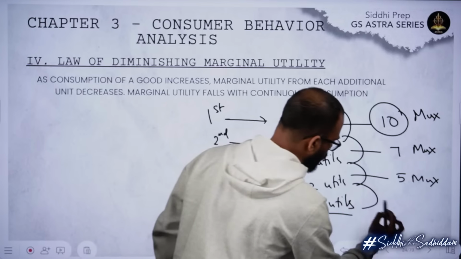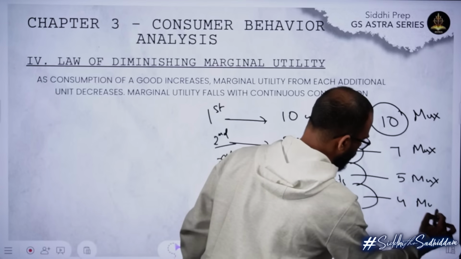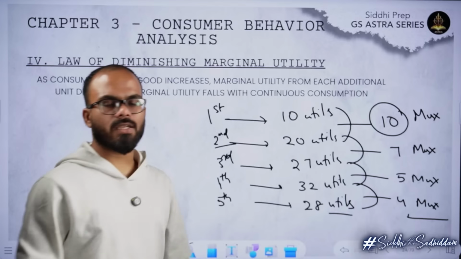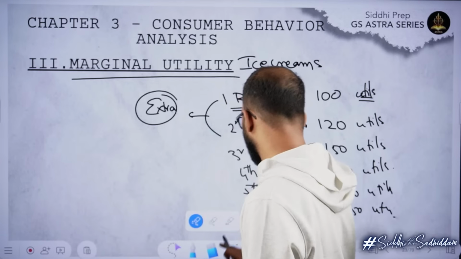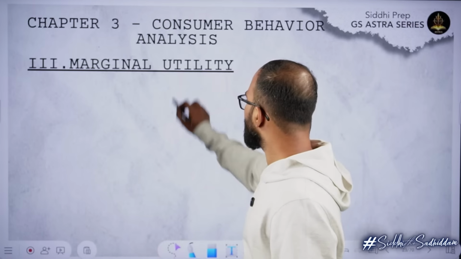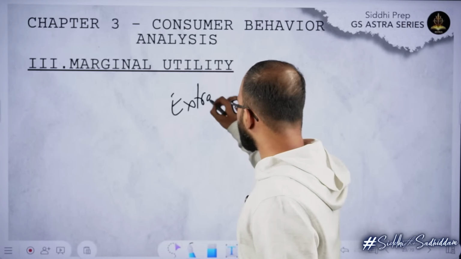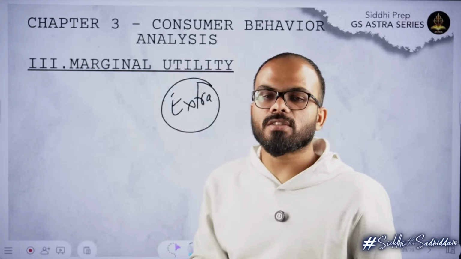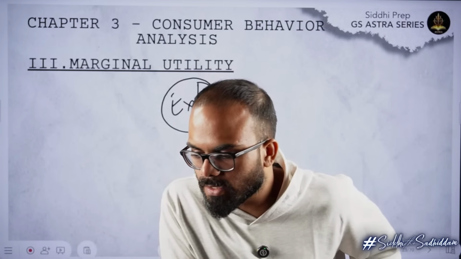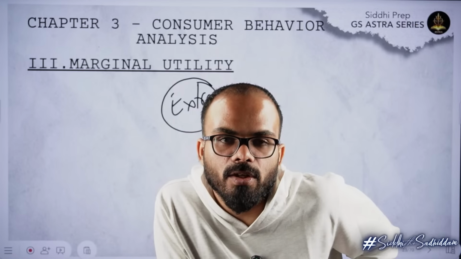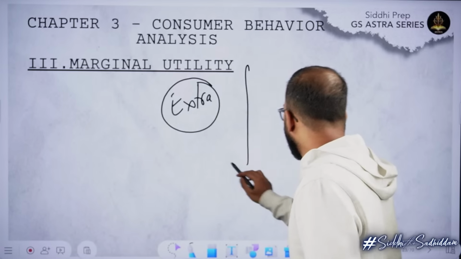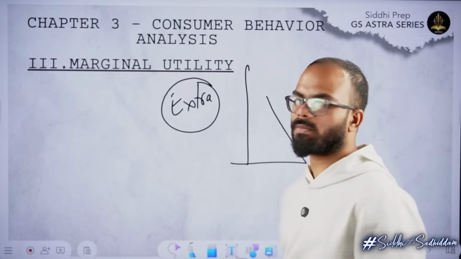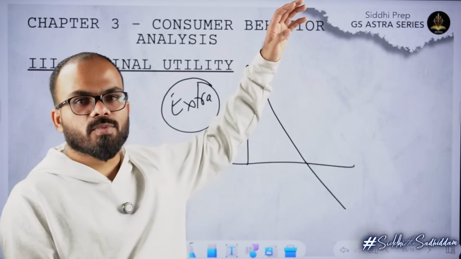Extra here is 4. This is marginal utility. So marginal utility refers to the extra satisfaction that you get when you consume a new product. This is called marginal utility or additional satisfaction, and marginal utility is always a downward sloping line. Marginal utility keeps on decreasing.